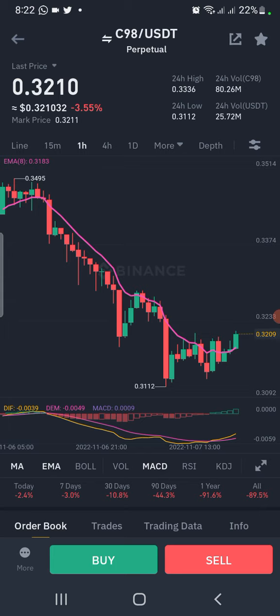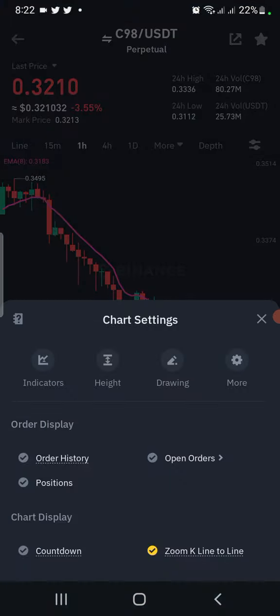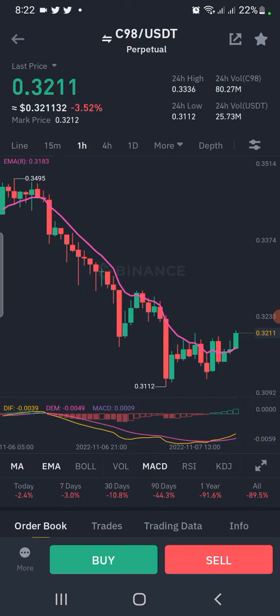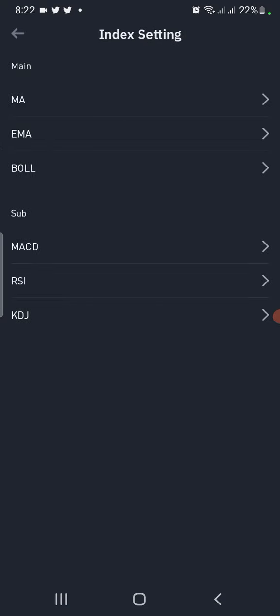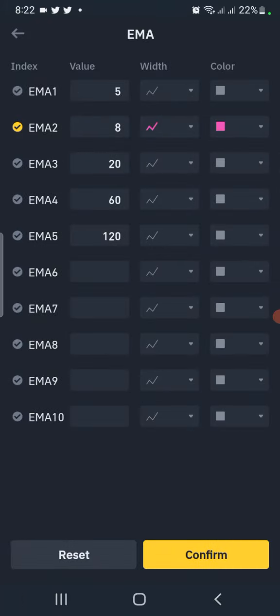And yeah, so how do you set it up? How do you set up the EMA 8, exponential moving average 8, in this thing? You go to indicators. When you go to indicators, you see EMA.